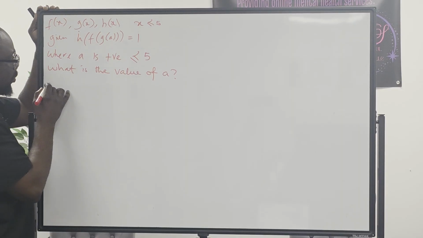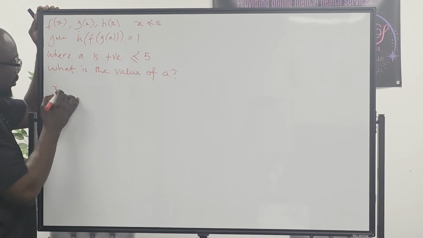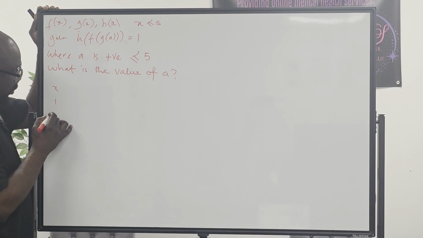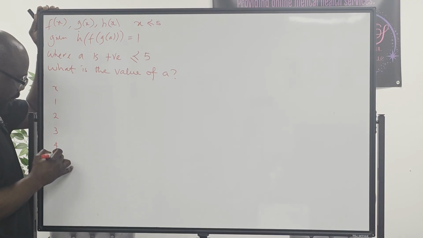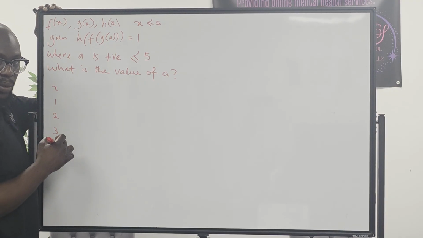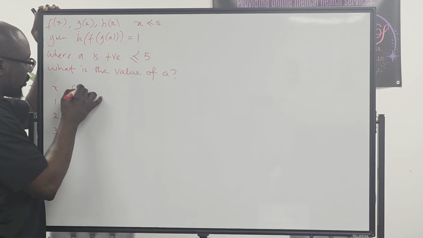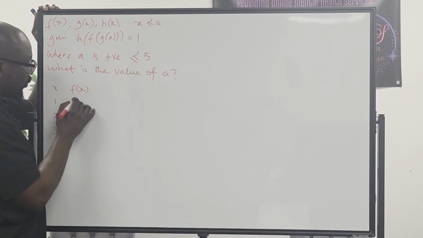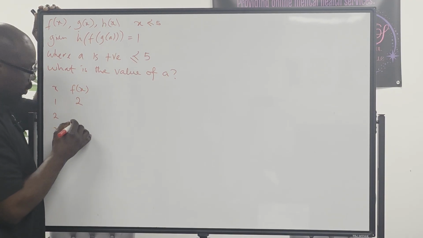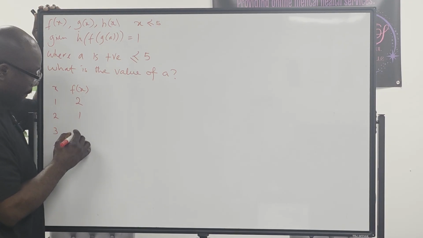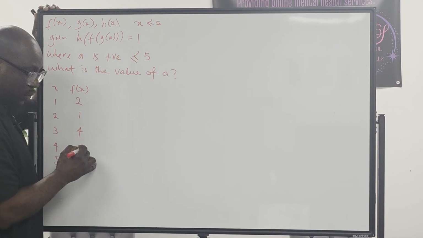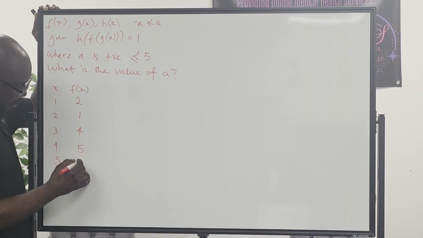And they give us this table. We have x: 1, 2, 3, 4, 5. And we have f(x), which is 2, 1, 4, 5, 3.